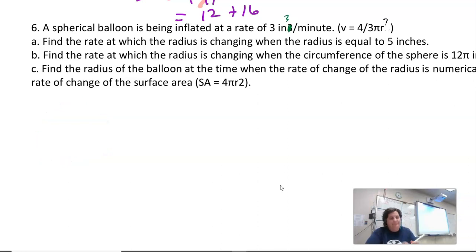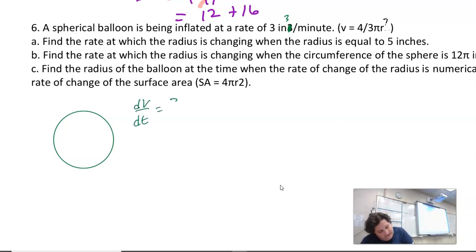All right. So a spherical balloon is being inflated at a rate of 3 inches cubed per minute. Guys, that is my dV/dt. I can tell because it's cubed and it's time. So dV/dt is 3. Find the rate at which the radius is changing when the radius is equal to 5. So r is 5.